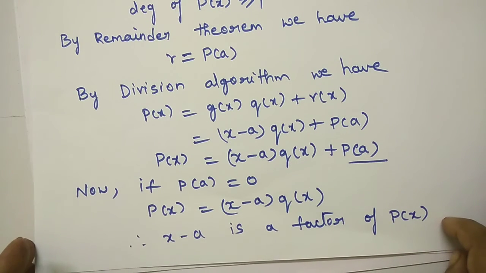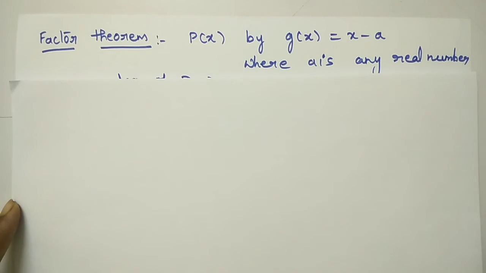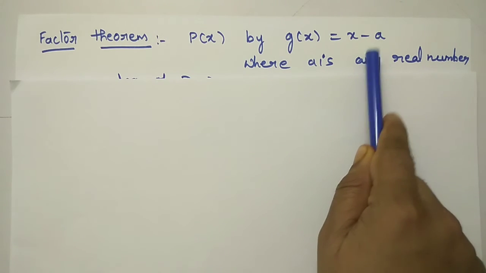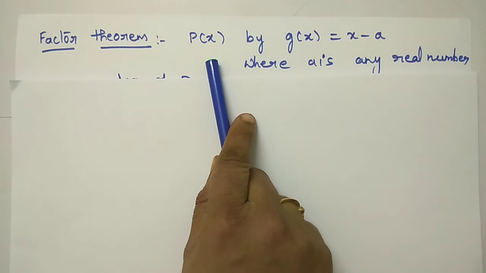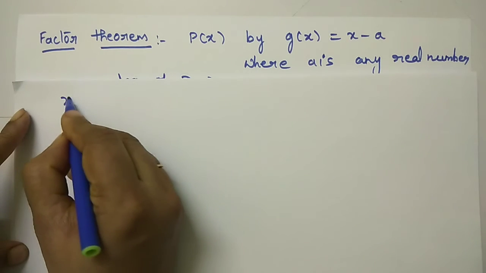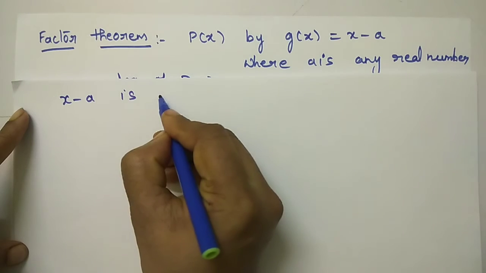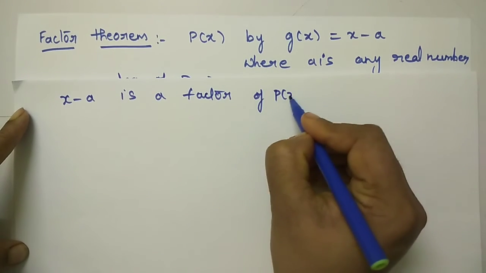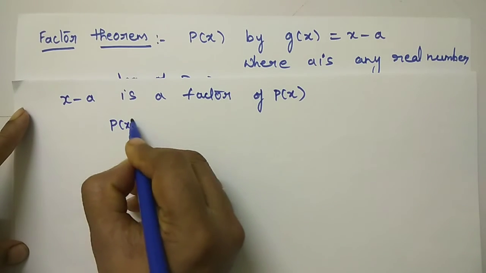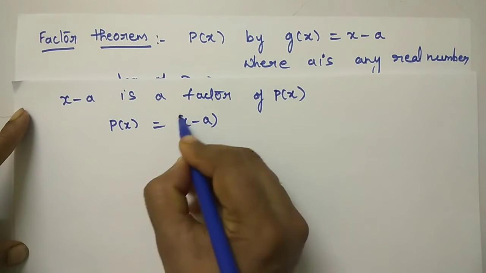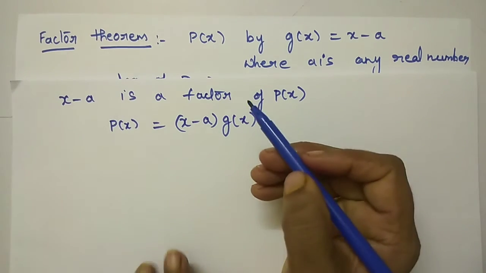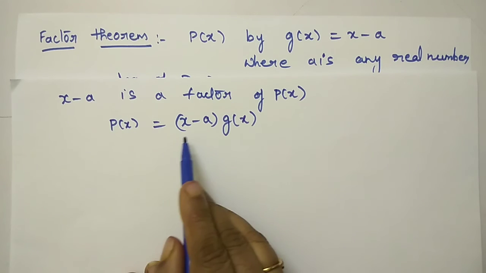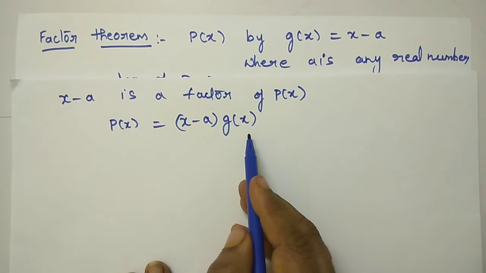Now let us study the second one. P of x divided by g of x equal to x minus a means x minus a is a factor of P of x. It is clear, right? So if x minus a is a factor of P of x, then P of x can be expressed as x minus a into g of x, is it not? We don't know what P of x will be, so it can be a product of x minus a into g of x.